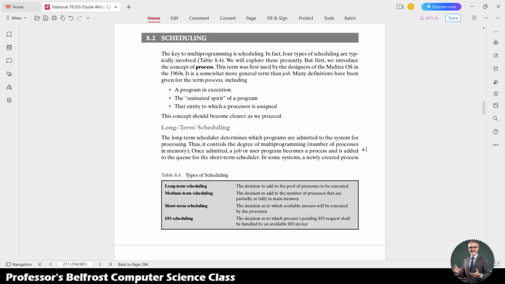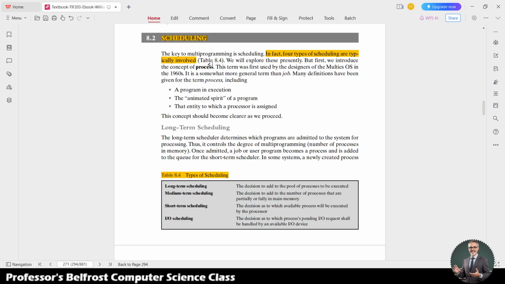Next, we'll discuss scheduling. The key to multiprogramming lies in scheduling. There are four types of scheduling: long-term scheduling, medium-term scheduling, short-term scheduling, and I/O scheduling, which are shown in Table 8.4.